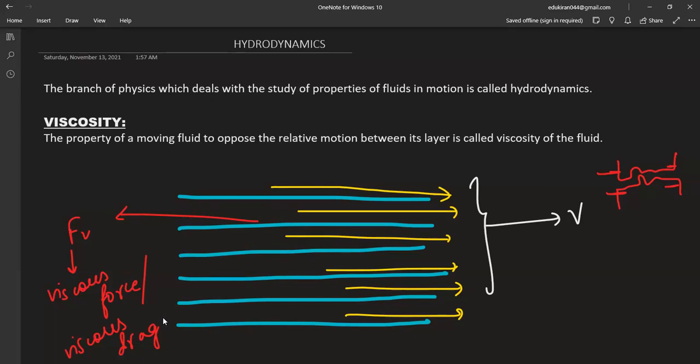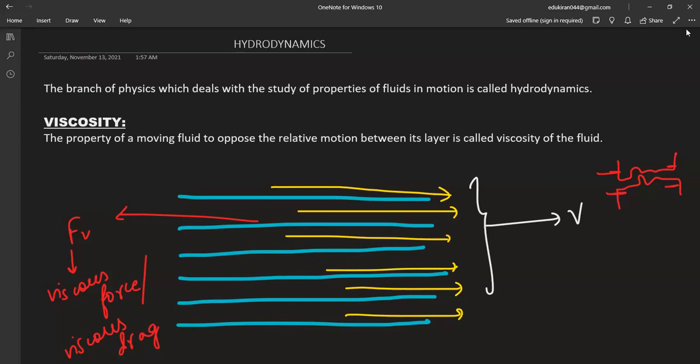If you see glycerine also, when you rub glycerine in your hand, you will feel an opposition when you are moving it. Rub water, smoothly it will flow. Rub honey, it will provide you resistance. Because the coefficient of viscosity is more in honey as compared to water. So this opposing force in fluids, the friction force in fluids, is basically known as the viscous force.